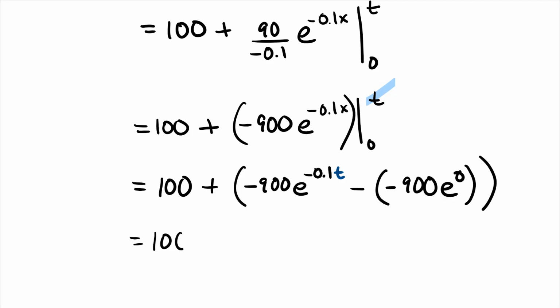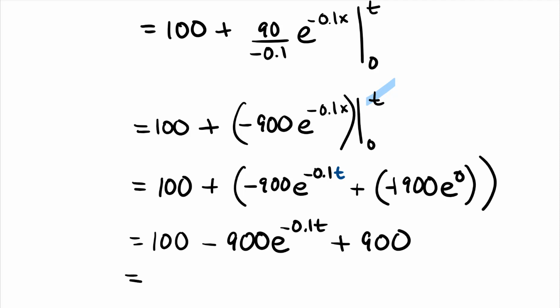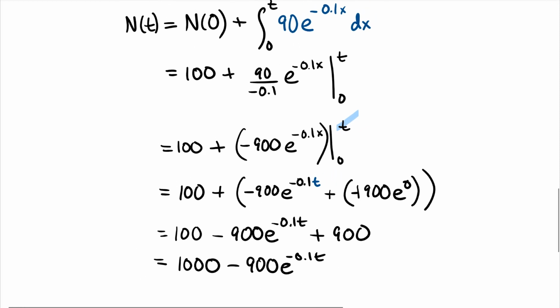So what do we have? We have 100 minus 900 e to the negative 0.1 t plus 900. So 100 plus 900 is 1,000. And here we go, my friends. There's our function.